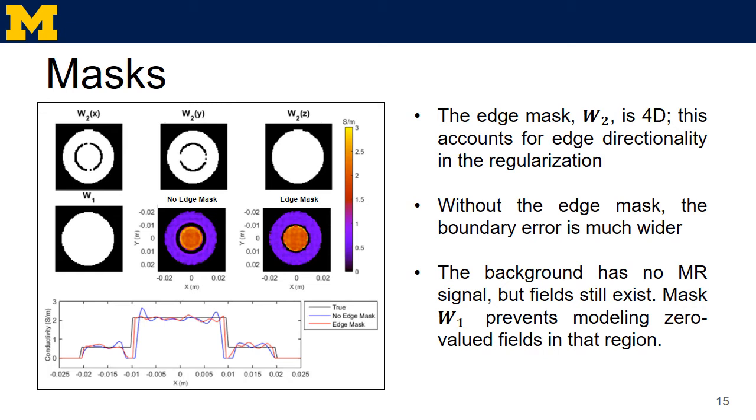This mask is important because fields exist in the background of the object. However, we don't acquire MR signal in that region, so we can't model the physics between phase and conductivity in that region. Finally, the colored images show the conductivity reconstruction results, both with and without the edge mask W2.